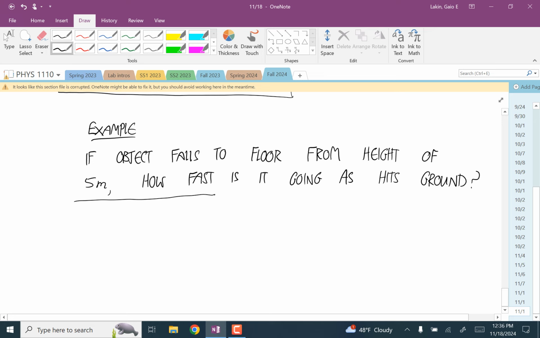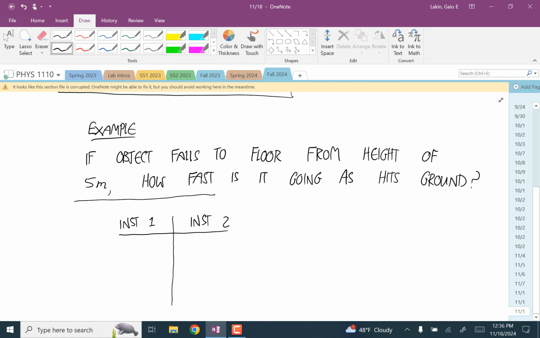Okay, so I'm going to set up, this is how I'm always going to do it, I'm going to break it up into a little table. Our instant 1 is going to be when it's dropped. And our instant 2 is going to be right before it hits the floor. What forces are acting on this object as it falls? Gravity. Only gravity.